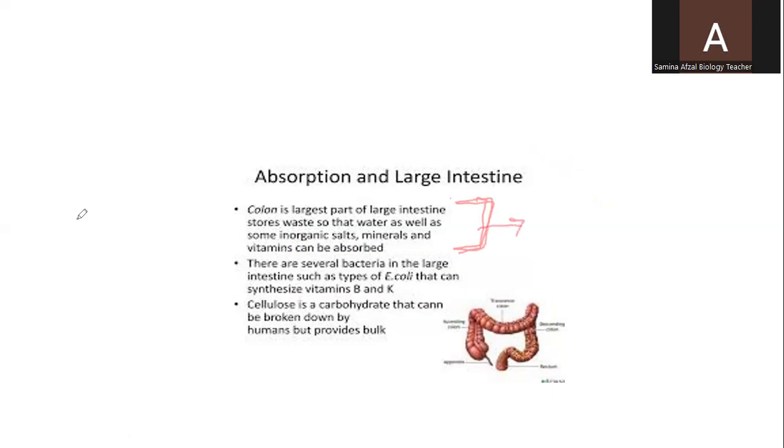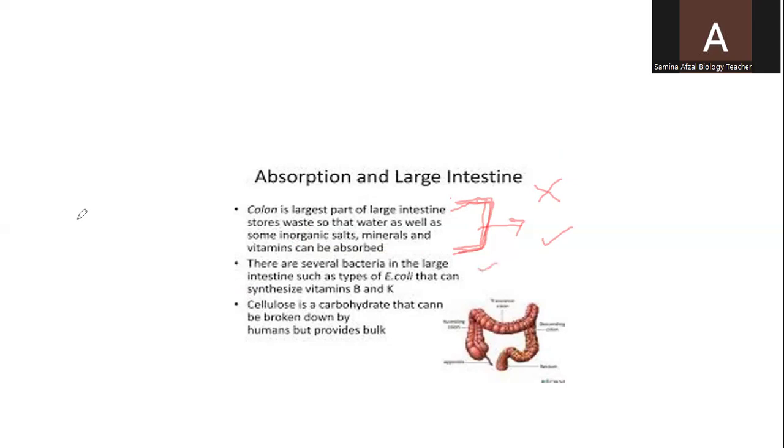I already told you in the previous video that the small intestine is meant for digestion and absorption, but in the large intestine there is no digestion, but absorption of water and other minerals and vitamins takes place.